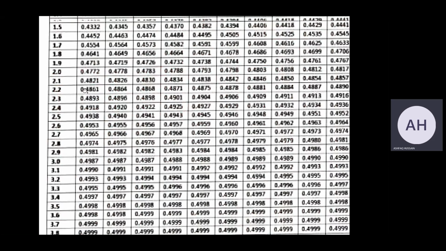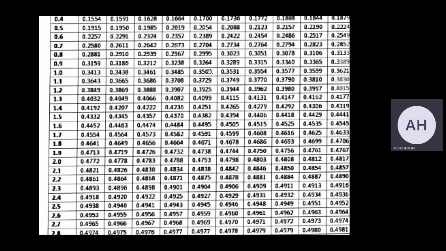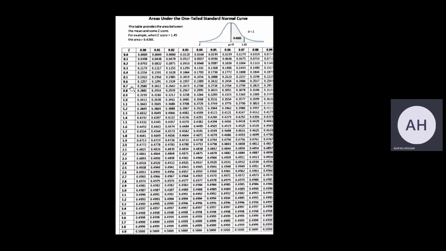When we have Z equal to 0.76, I'll show you the table. Here, Z is 0.7, and the 6 will be taken from the upper side. So 0.7 plus 0.06 gives 0.76. If you observe clearly, the value for 0.76 is 0.2764.